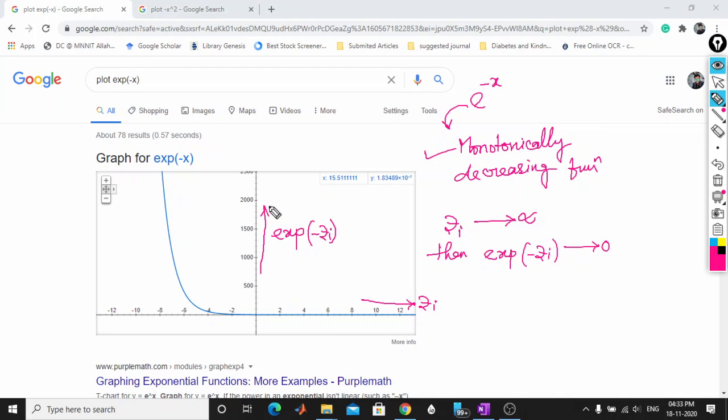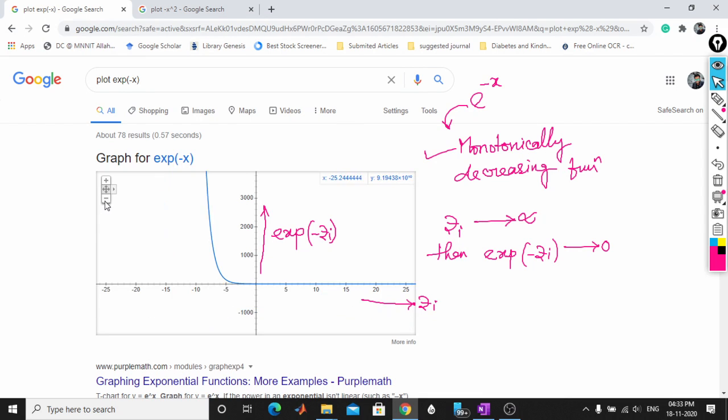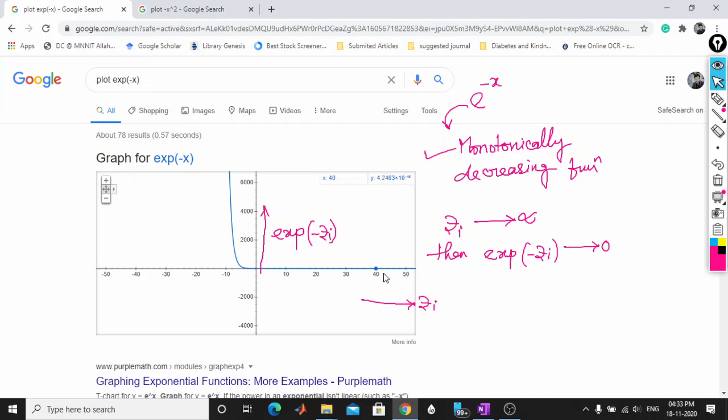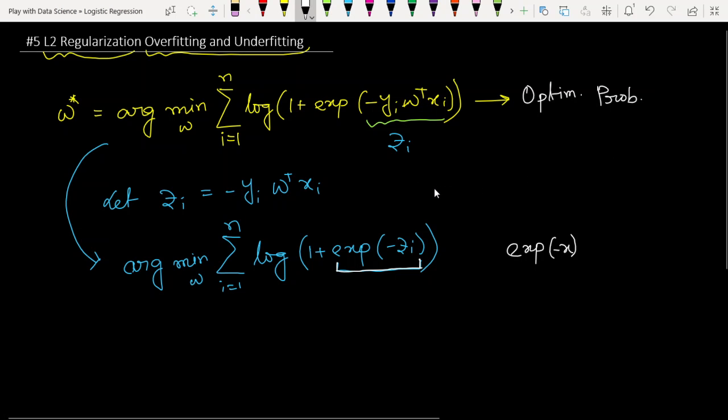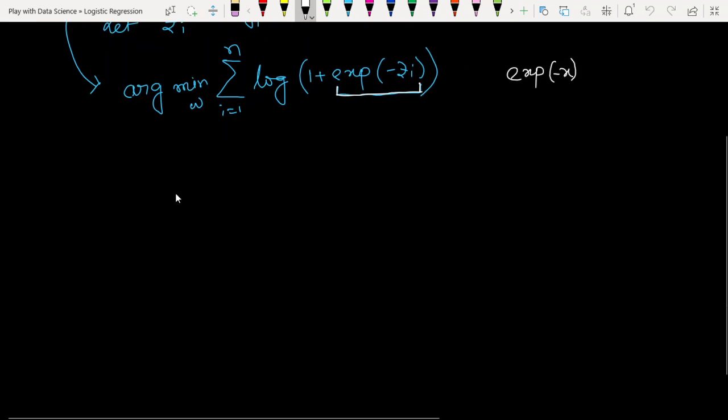As you see from this picture, as our zi increases, the function value becomes so small. So from this we get the limit concept. This is the behavior of this function.